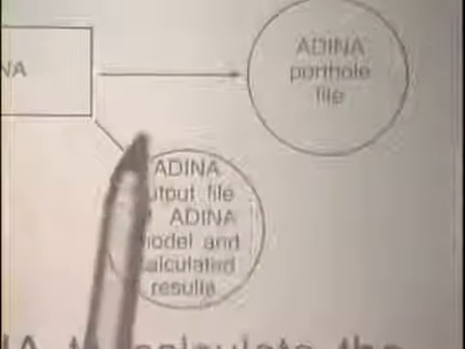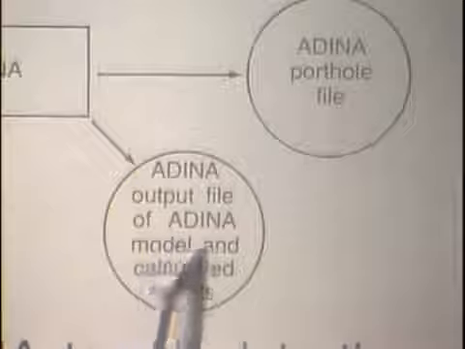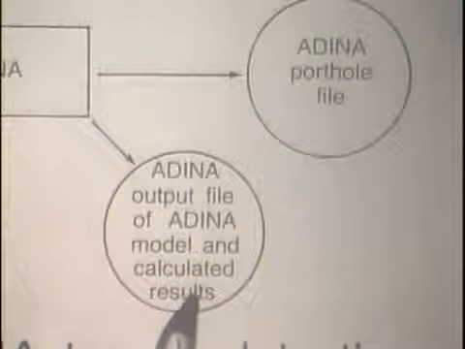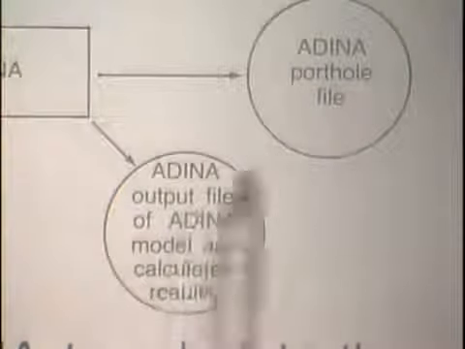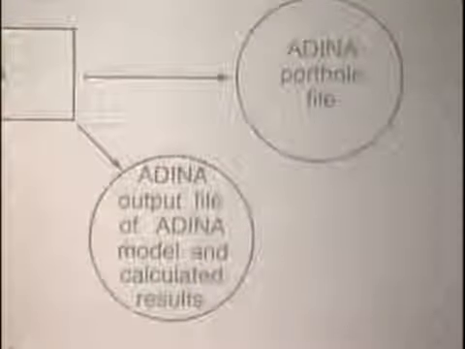ADINA data input then is available to ADINA, and the user runs ADINA, and ADINA then stores the output data on a porthole file and on an output file. The output file, in other words, contains really the ADINA model data and the calculated results. We access the ADINA porthole file using ADINA-PLOT.